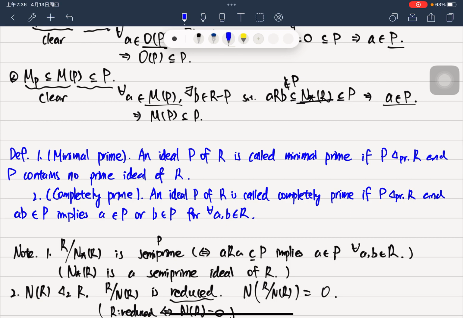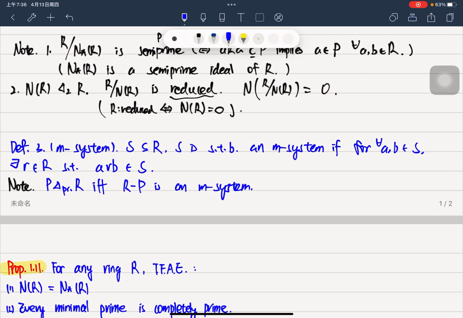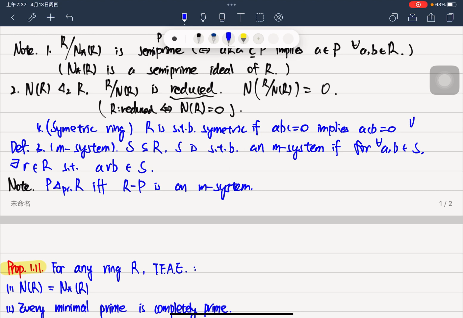Symmetric is that, I'm going to write here: a ring R is said to be symmetric if ABC is 0 implies ACB is 0 for all A, B, C in R. From here we can have the equivalent condition: if AB is 0, then ARB is 0.